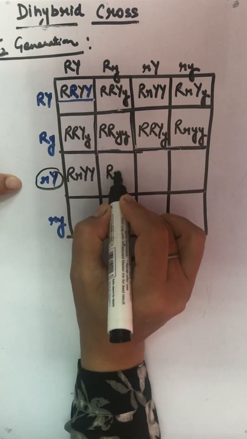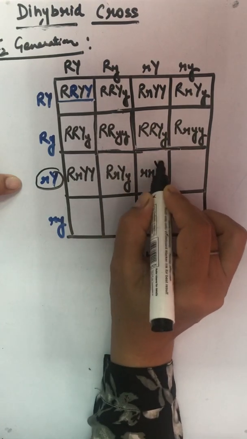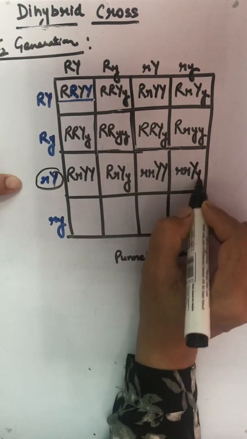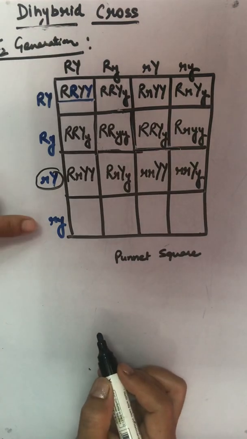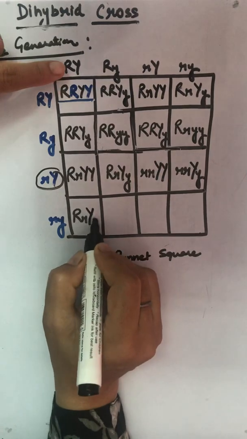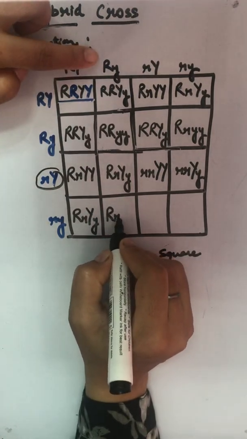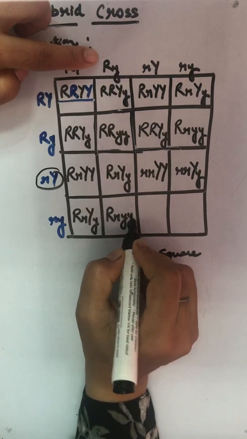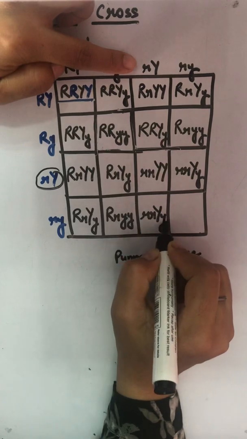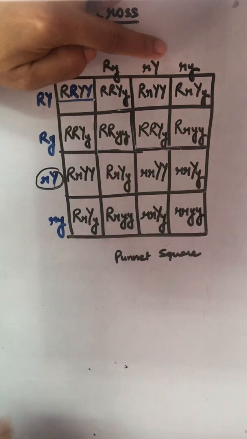Then capital R, capital Y, small y. Small r, capital Y, small r, capital Y, small y. Next one is capital R, capital Y, small y. Then capital R, small y, small y. Small r, capital Y, small y. Small r, small y, small y.